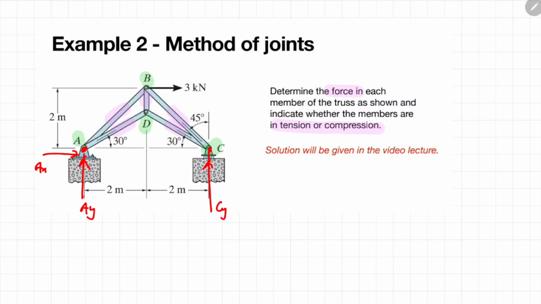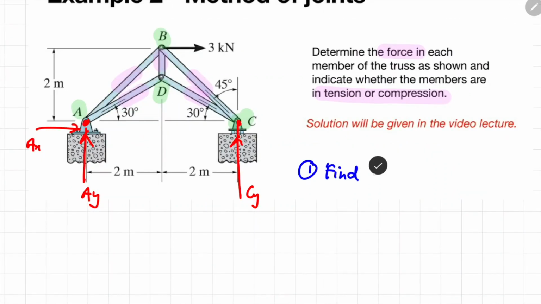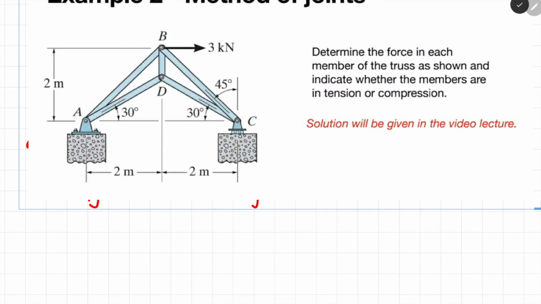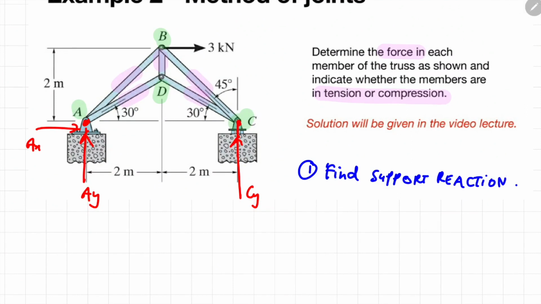The maximum allowable unknown forces for us to solve is only 2. So we cannot proceed with that one. So the alternative is for us to find the magnitude of each support reaction first. Then only we can proceed analyzing each of the joints.